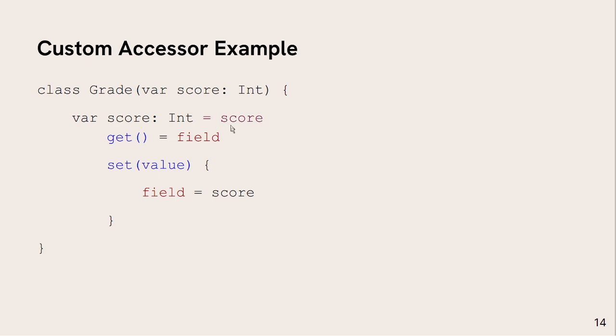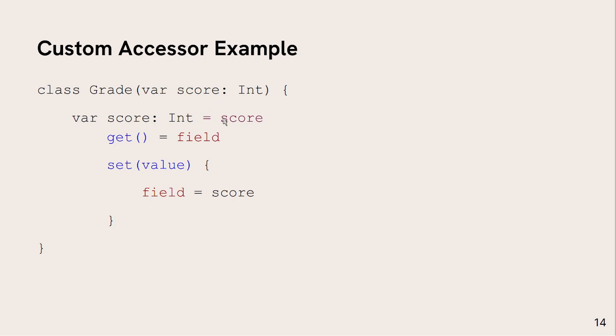So these two are not the same. The score here is the property, and the score here is the name of the parameter. So the property is initialized by the score.